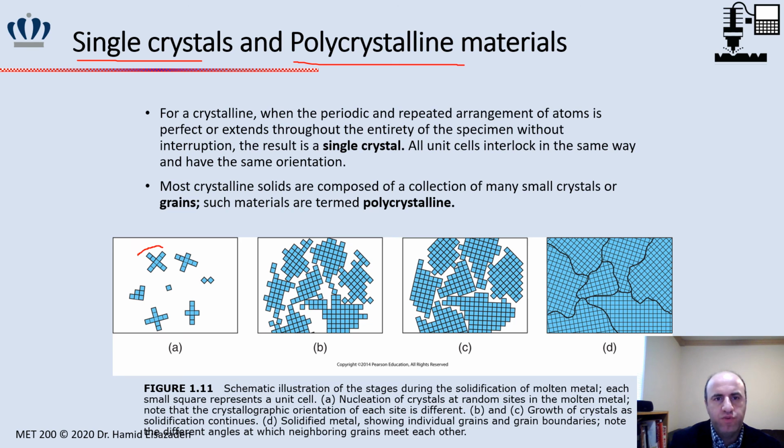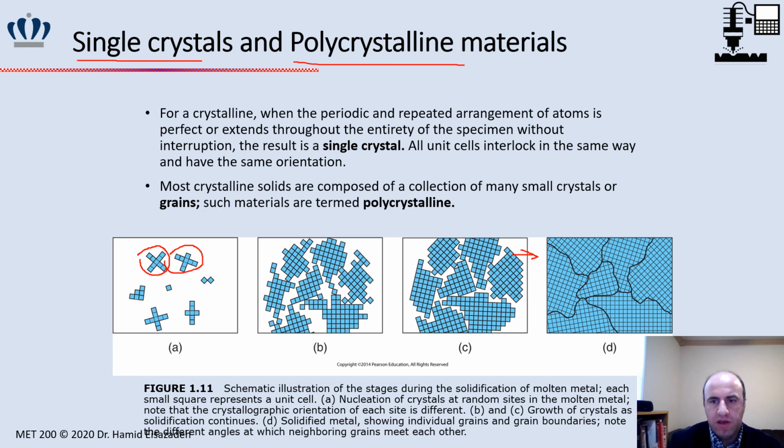For example, this one was formed here, the other one was from here, and these crystals grow, and finally they interfere with each other as temperature drops.